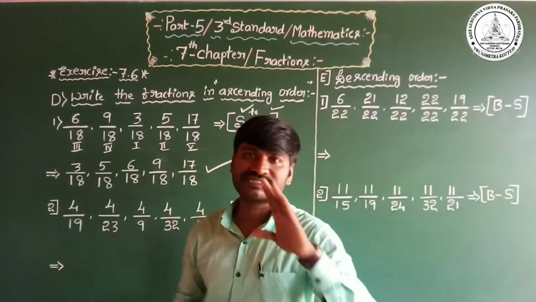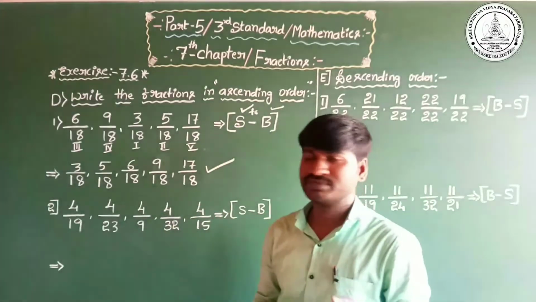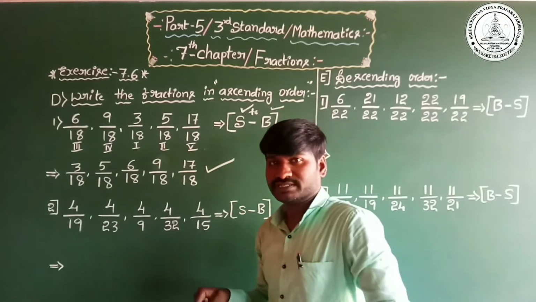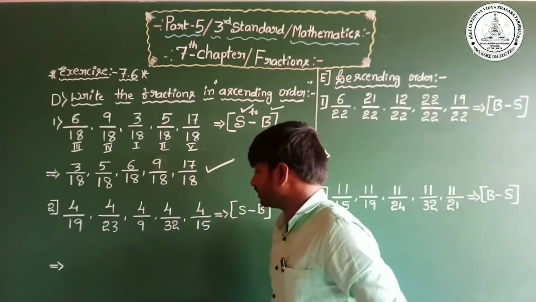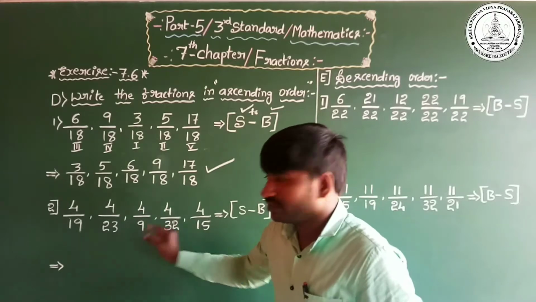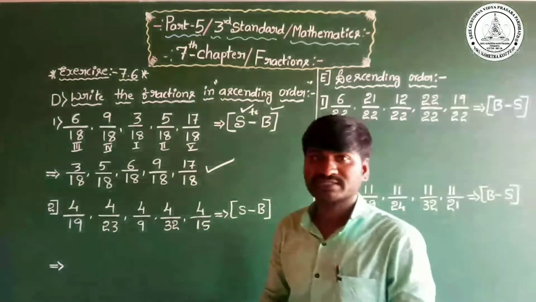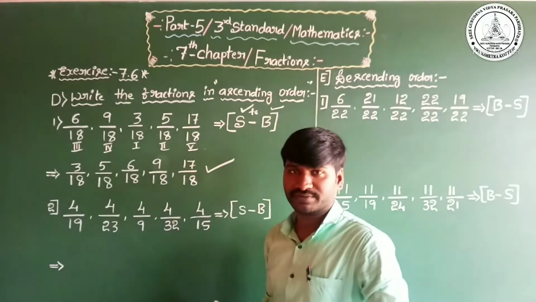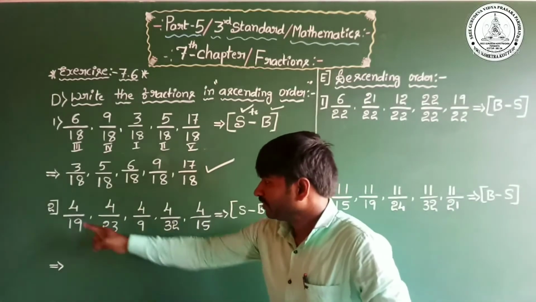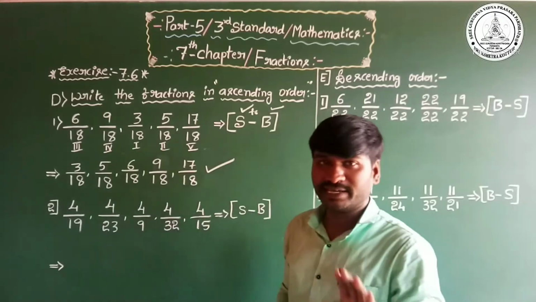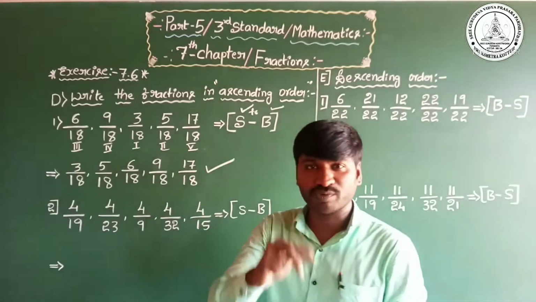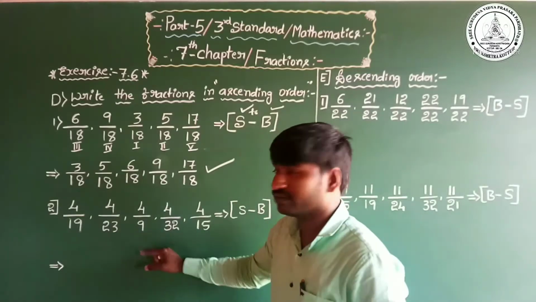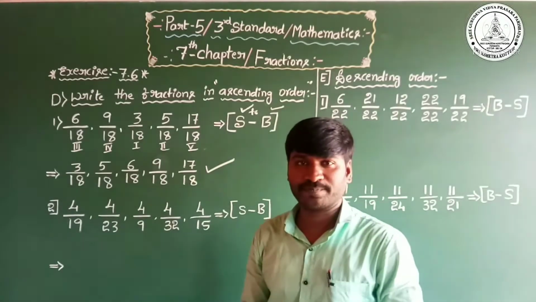When the numerators are the same, dear student, observe: the fraction with the smaller denominator is the greater fraction. Yes, when the numerators are the same, which fraction has the smaller denominator? That is the greater fraction.